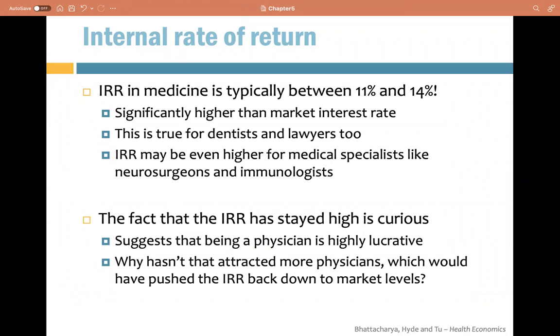Okay, so then why don't we have a lot more people choosing the career of being a physician or dentist and lawyer or medical specialist like neurosurgeons or immunologists? The problem is that the internal rate of return has stayed high, but not many people are becoming doctors.